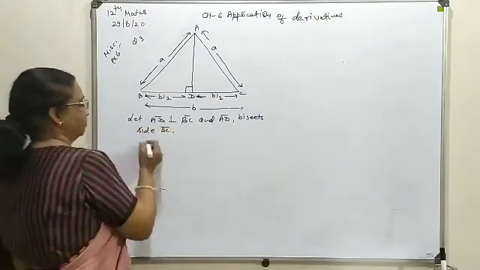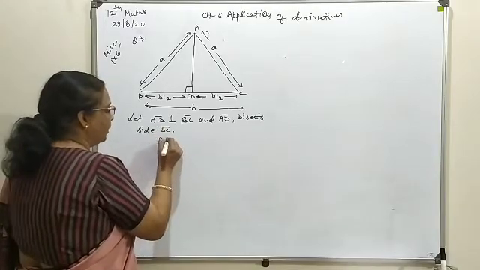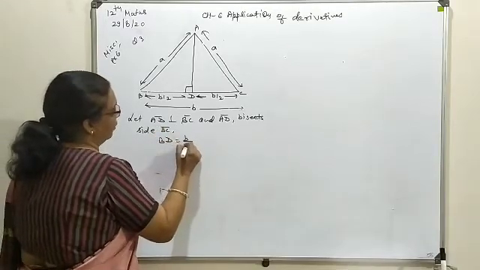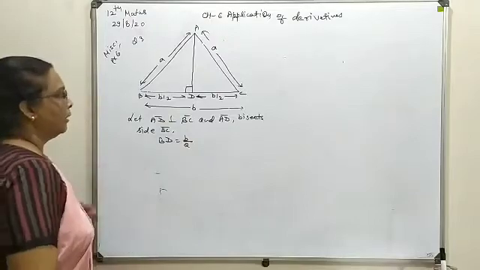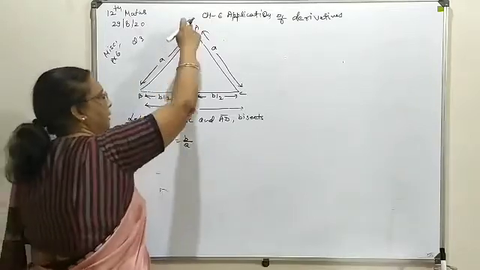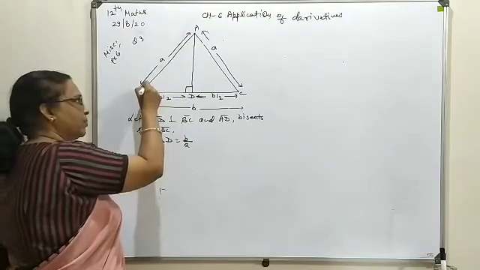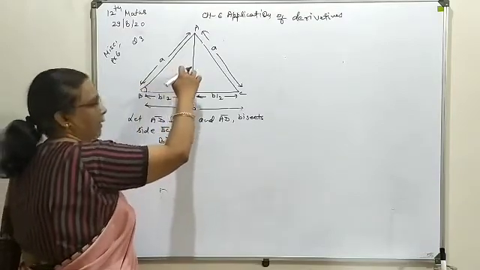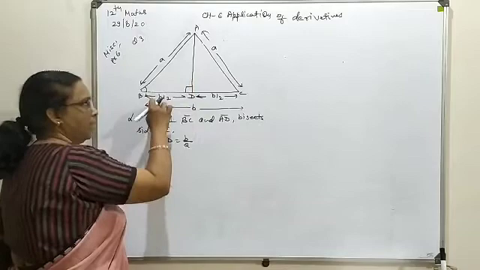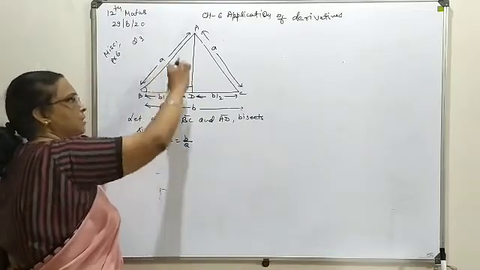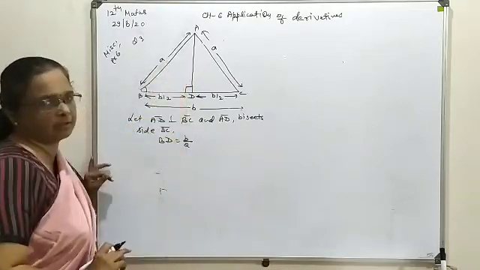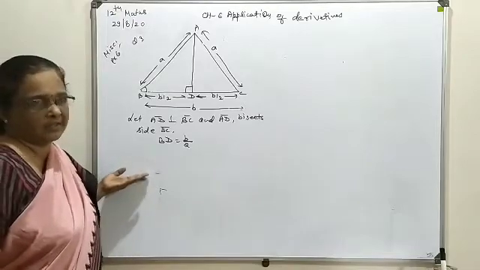That means BD will become half of this B. Now we talk about triangle ABD, in which with respect to this angle it becomes the altitude, this becomes the base, and this becomes the hypotenuse. So this altitude we are interested to find, as the height is required here.